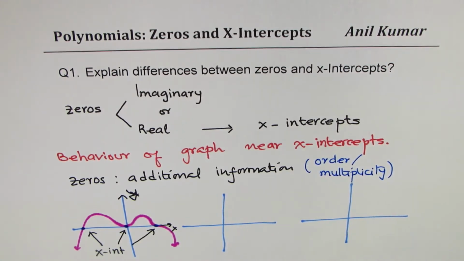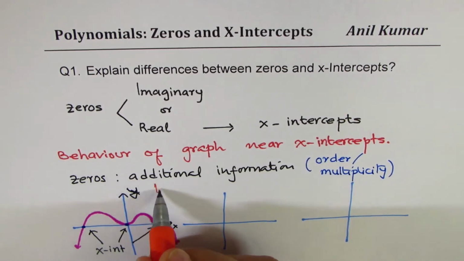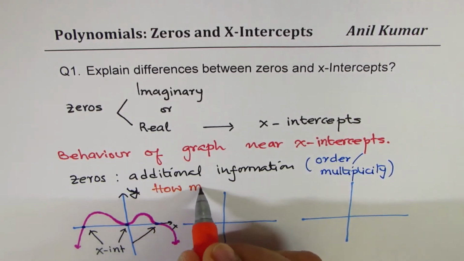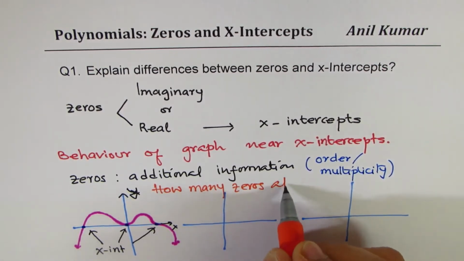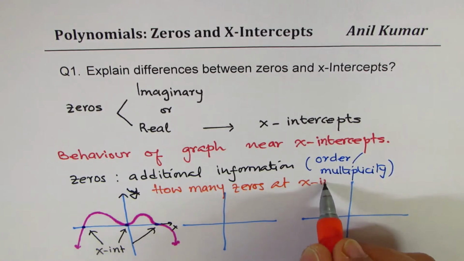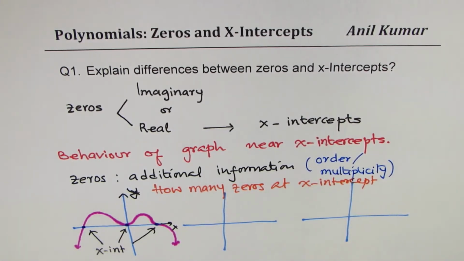So what is this multiplicity? That really tells us how many zeros at an x-intercept. That is the order or multiplicity, right?